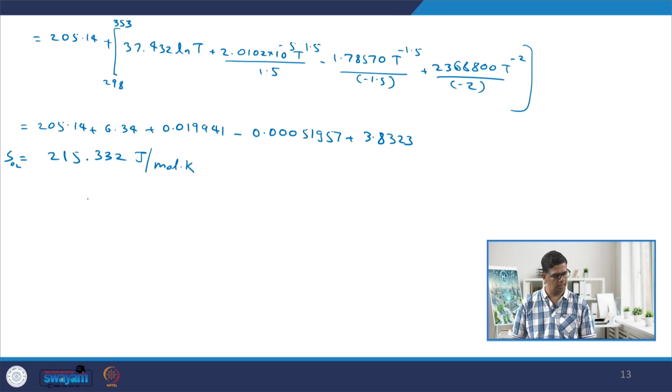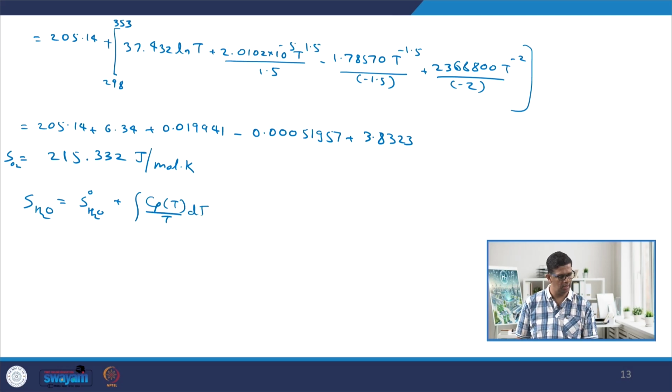So let's again go ahead and write it for entropy of water, which is entropy of water at STP plus integration of Cp by T dT, from 298 to 353.